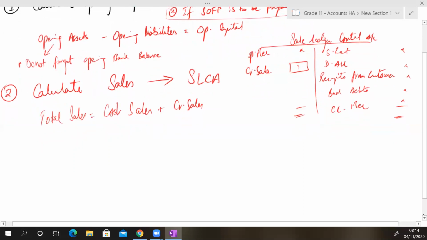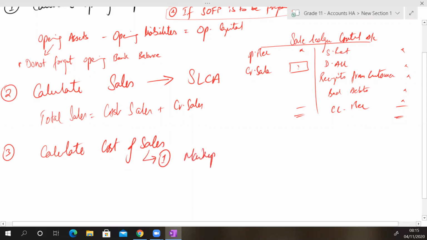Next, number 3, calculate cost of sales. Now, once they ask you to calculate cost of sales, there are two ways to do it. Number one, using markup or margin.